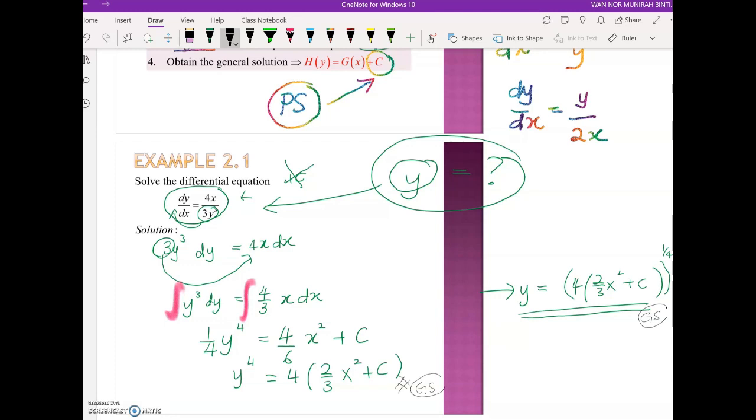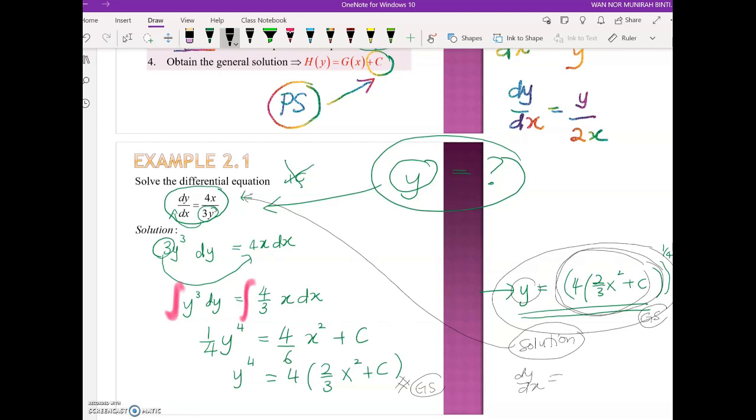When you substitute back into your equation, the solution must satisfy your differential equation. So how do you know that this is your solution? You need to differentiate your solution once, so that on the left hand side you have dy/dx. Differentiate the right hand side of your equation so that you have something, for example, let's say the value that you get is alpha.